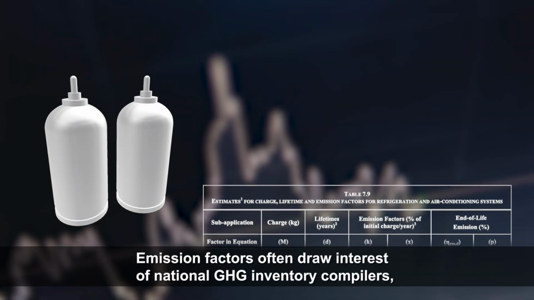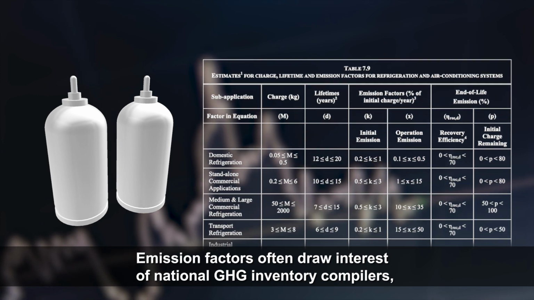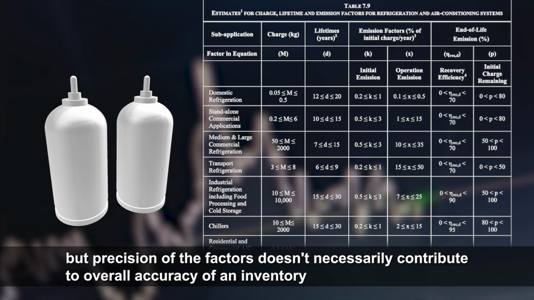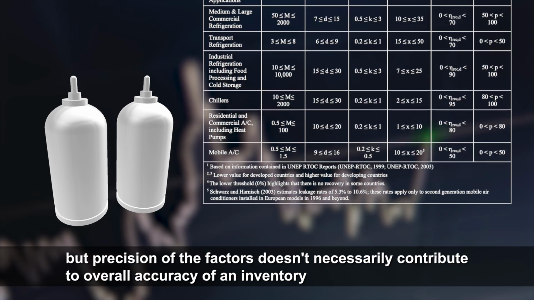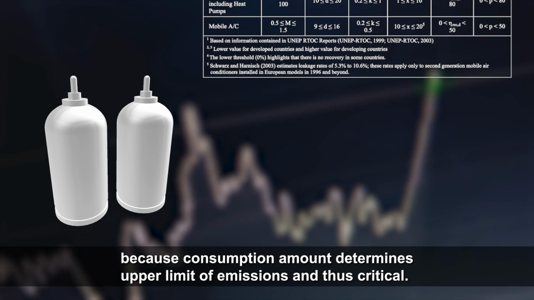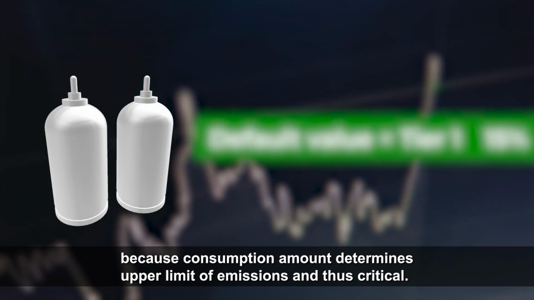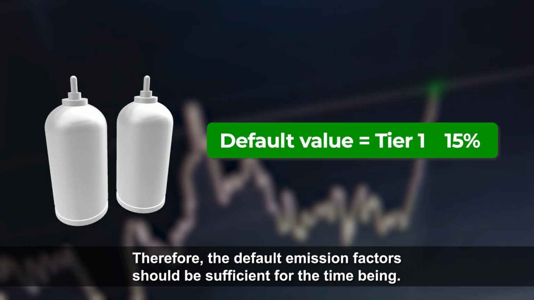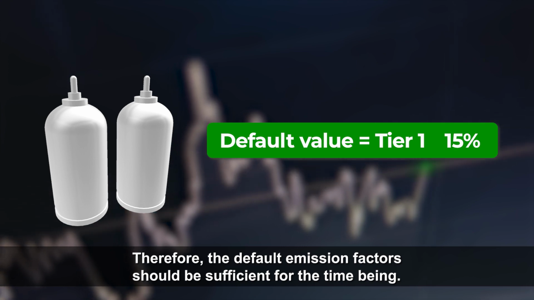Emission factors often draw the interest of national GHG inventory compilers, but precision of the factors doesn't necessarily contribute to overall accuracy of an inventory, because consumption amount determines the upper limit of emissions and is thus critical. Therefore, the default emission factors should be sufficient for the time being.